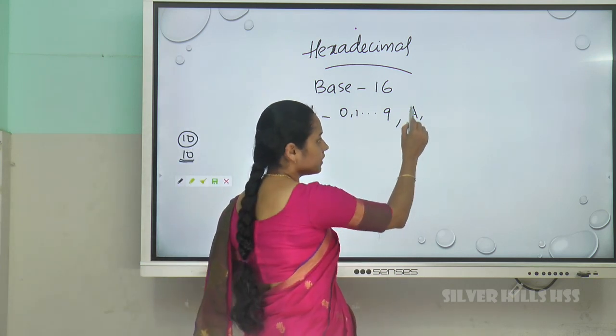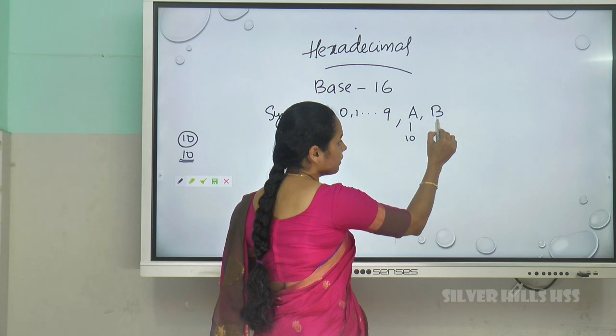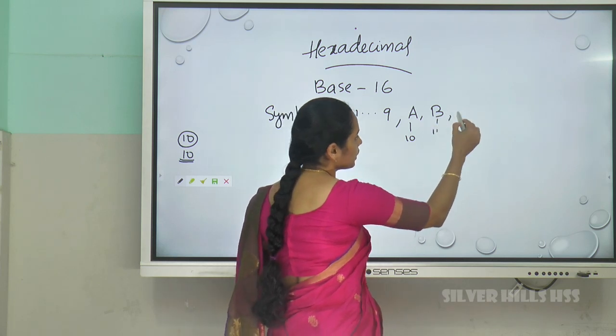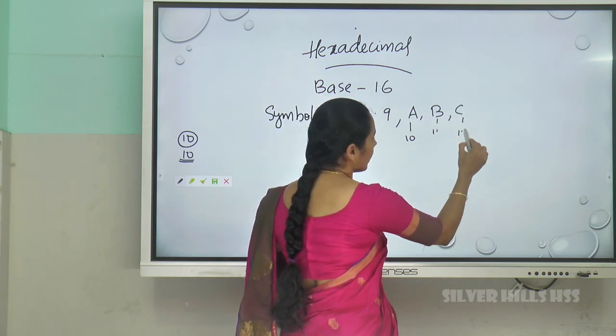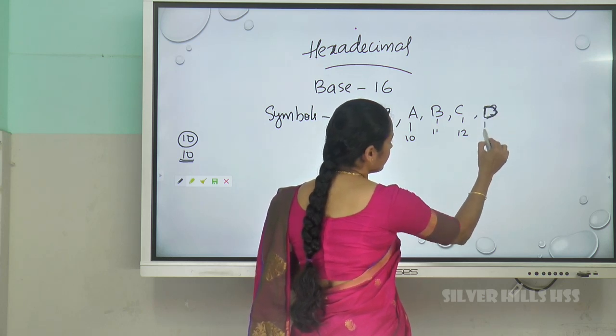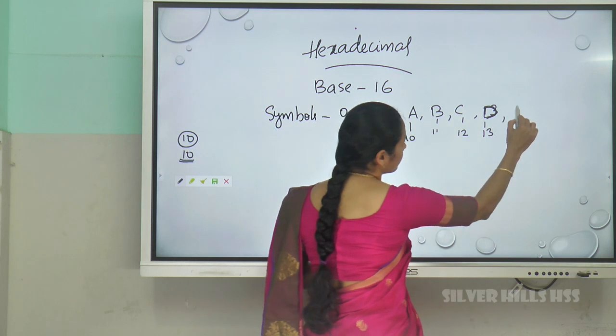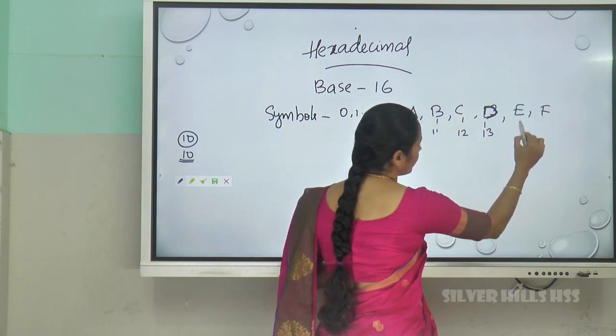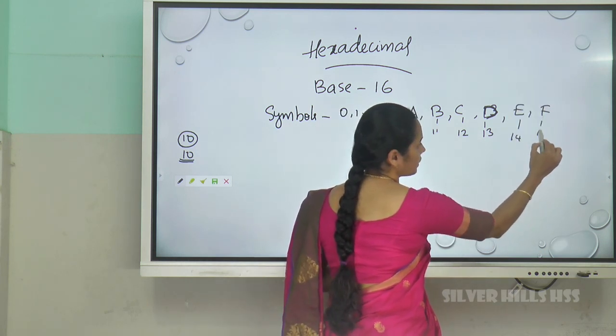To represent 10, we have A. To represent 11, we have B. Then to represent 12, we have C. Then 13 is represented using D. Then E and F: E to represent 14 and F to represent 15.